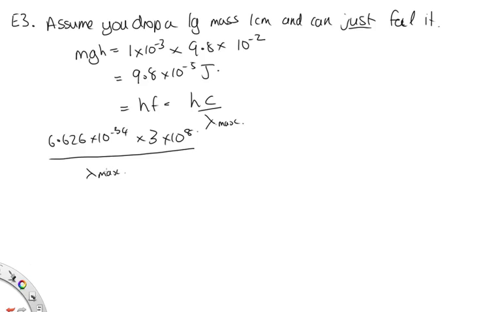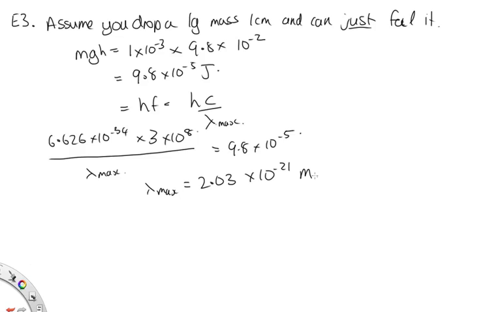We need to have wavelengths less than this so that the photons have more energy, and this is equal to the 9.8 times 10 to the minus 5, which tells us that the maximum wavelength the photons can have is 2.03 times 10 to the minus 21 meters. So that is a very short wavelength.